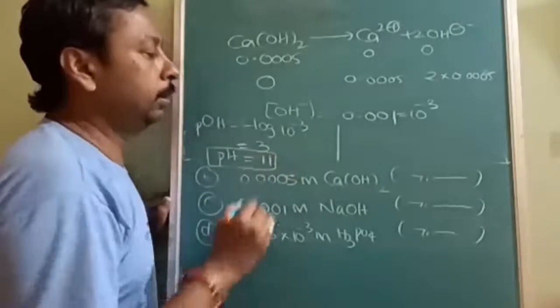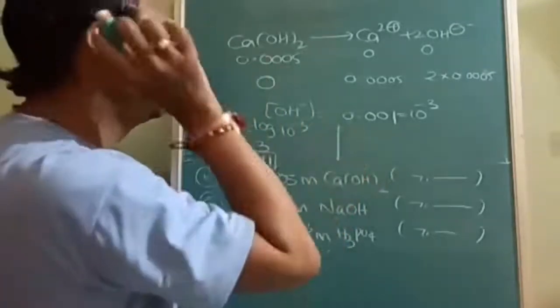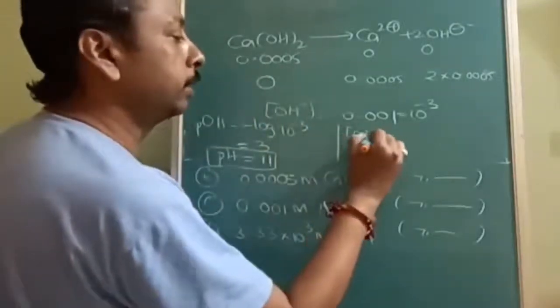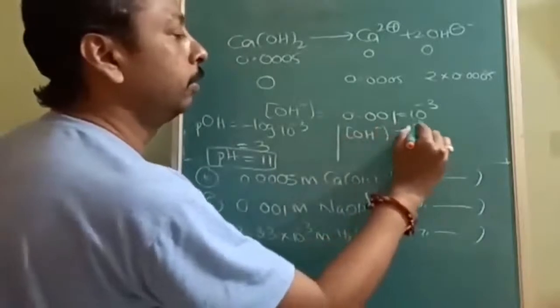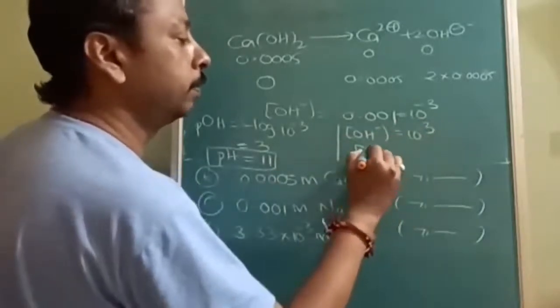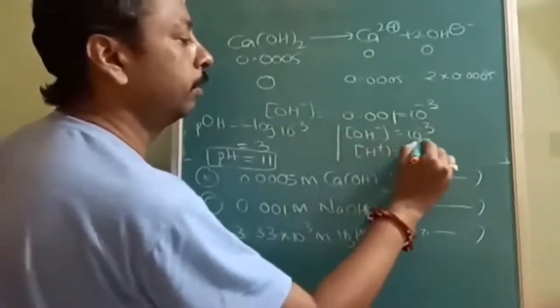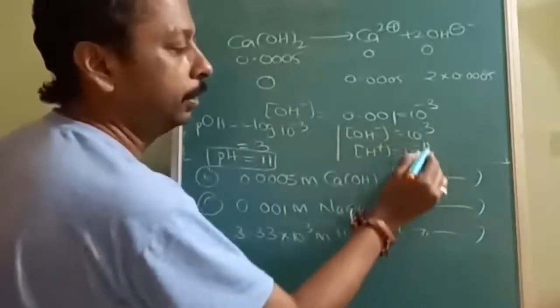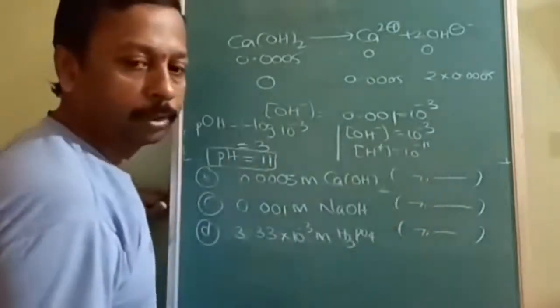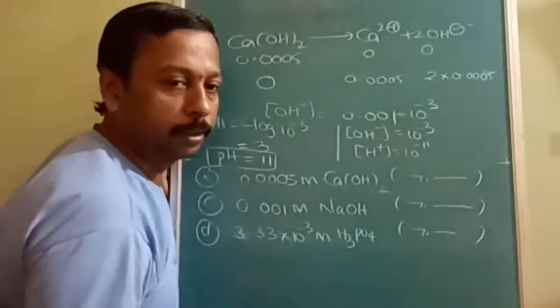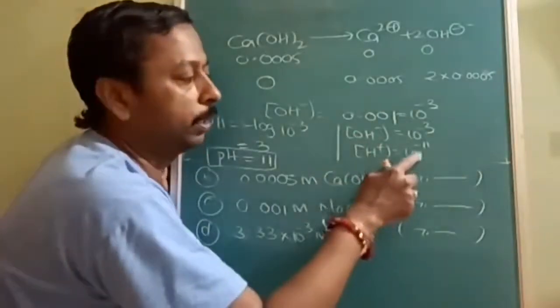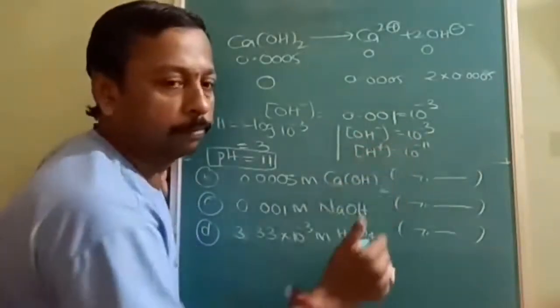Okay. Now the other method is, if OH minus is equal to 10 to the power of minus 2, H plus is equal to 10 to the power of minus 12, because on multiplying these two, I should get 10 to the power of minus 14. H plus into OH minus is equal to 10 to the power of minus 14.